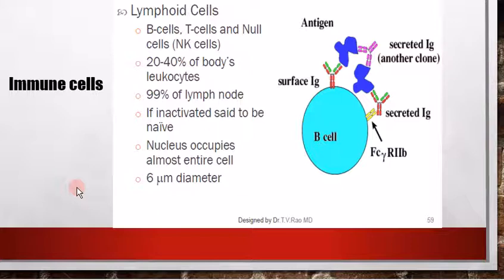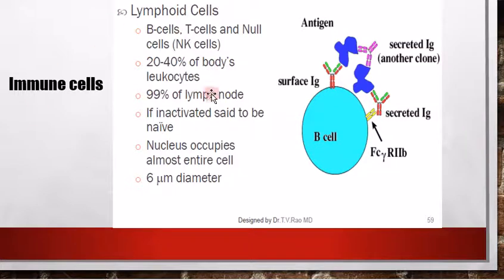Now this is just to tell you how the lymphoid cells would be when they get activated. We are of course going to see how the T cells and B cells get activated and coordinate to act upon the foreign particles.